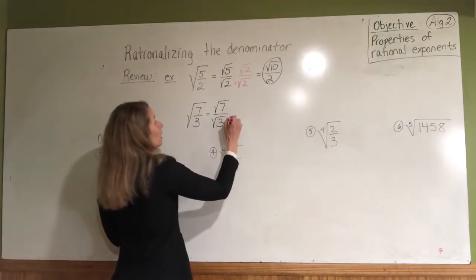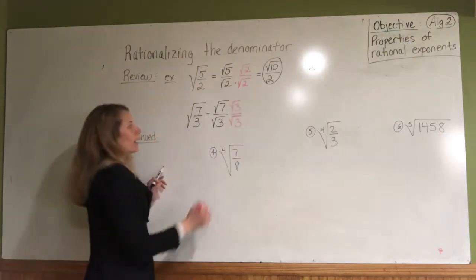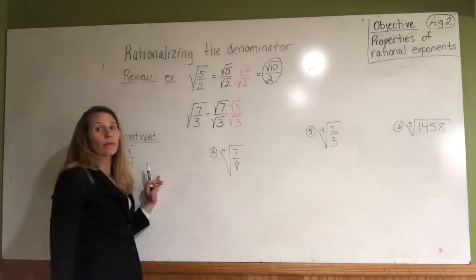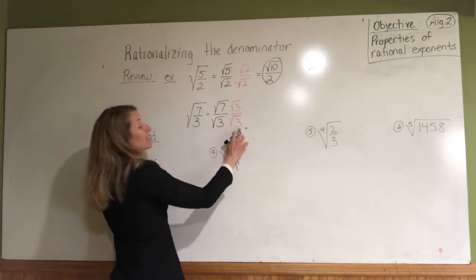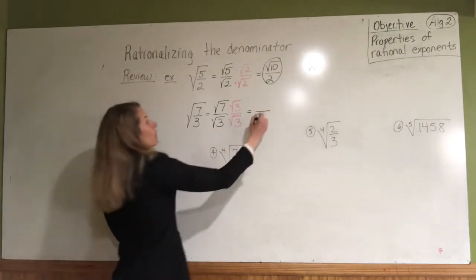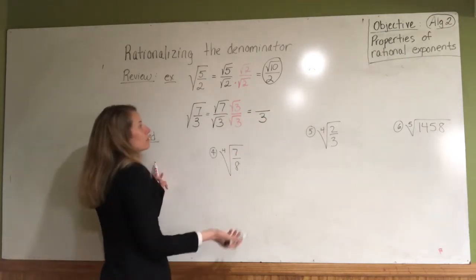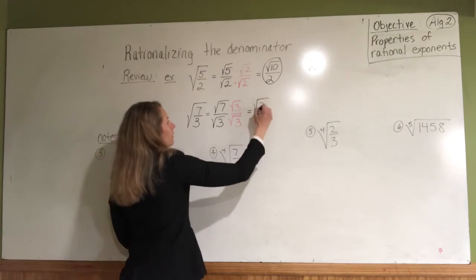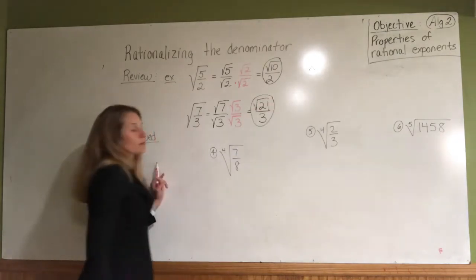So now we're going to multiply both the numerator and the denominator by that same radical that we have on the bottom. So then on the bottom, when we multiply radical 3 by itself, the radicals basically just cancel out, and we're just left with 3. On the top, however, 7 times 3 is 21, and they're still going to be inside that radical. And that would be our answer there.